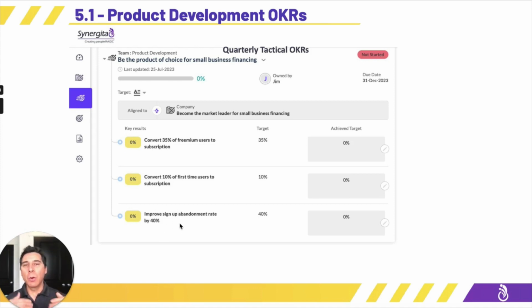So going back to the initiatives of running that A/B test, right, to improve maybe the abandonment rate, or converting first-time users to subscription. Maybe that's that 2 months free subscription thing that we were talking about, right? Those initiatives that we were talking about. So that's maybe something that we're doing at a product level, right, as part of our quarterly tactical OKRs.